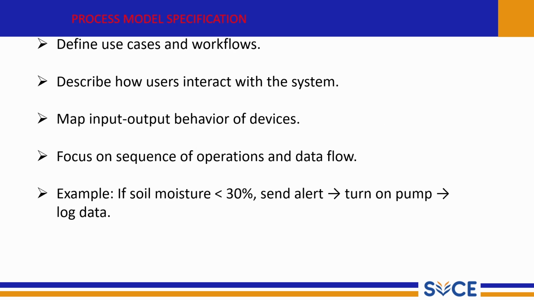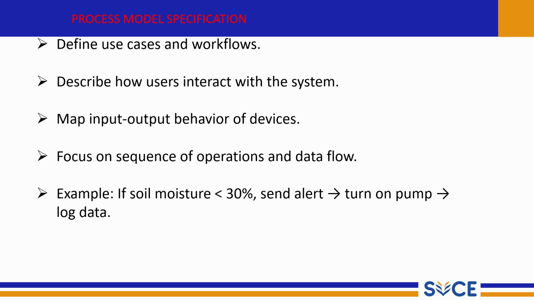The second step is the process model specification. Why is this the second step? Once the goals are known, we need to map the process that achieves these goals. Here we need to give a clear picture of the data flow and system behavior before the implementation of the IoT system.